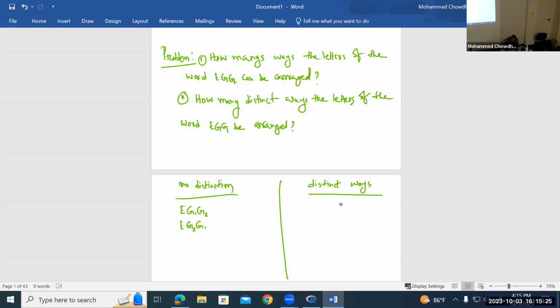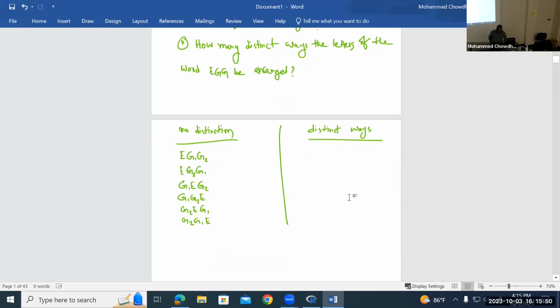And then G1, E, G2, G1, G2, E, G2, E, G1, G2, G1, E, right? You agree with this one or not? Exactly, this is both G, right?